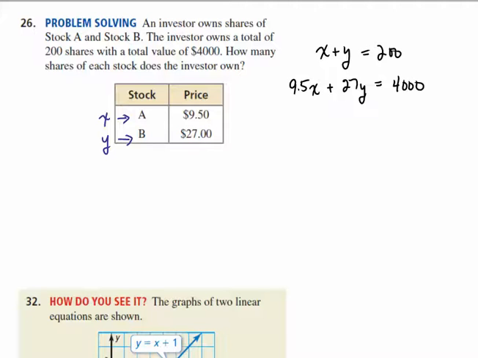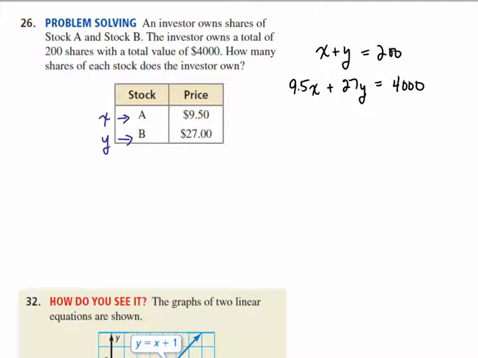Also similar to the tubes, where we had person tubes and cooler tubes. So here is just X number of shares of stock A that are valued at $9.50 each, Y number of shares of stock B valued at $27 each, for a total value of $4,000.